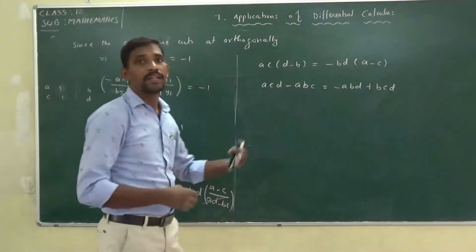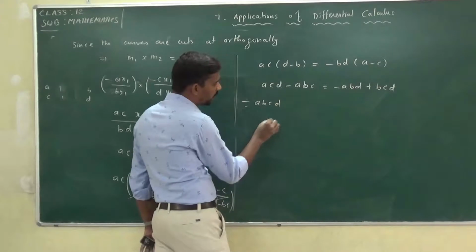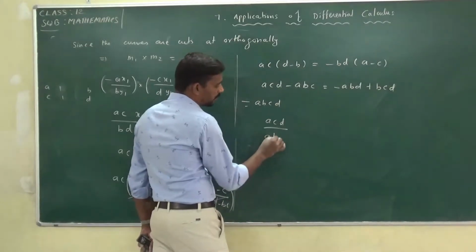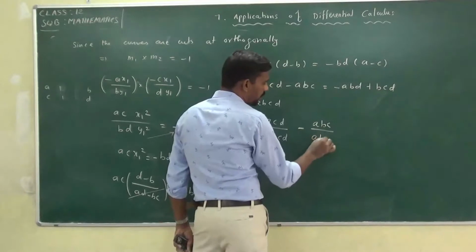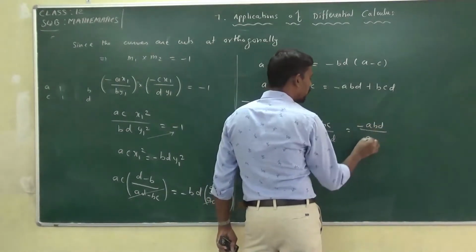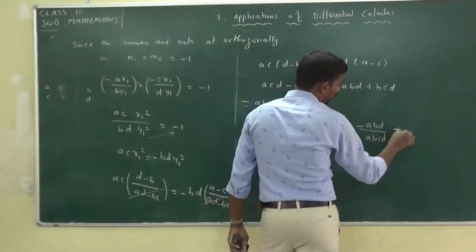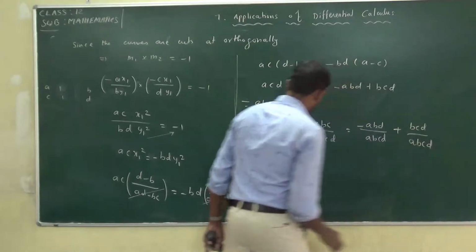Now divide by ABCD: ACD divided by ABCD minus ABC divided by ABCD is equal to minus ABD divided by ABCD plus BCD divided by ABCD.